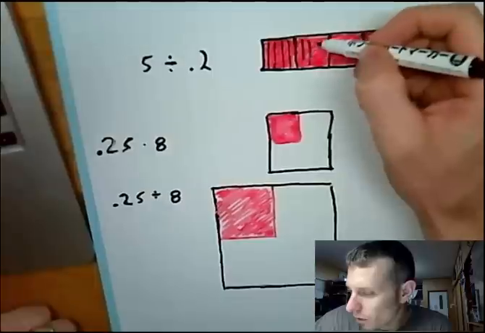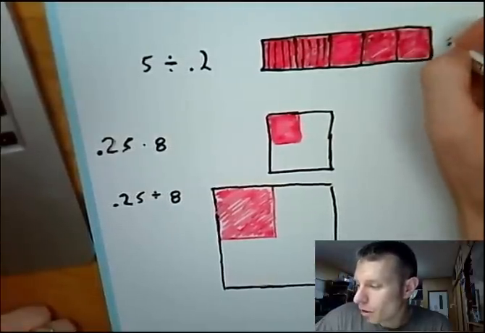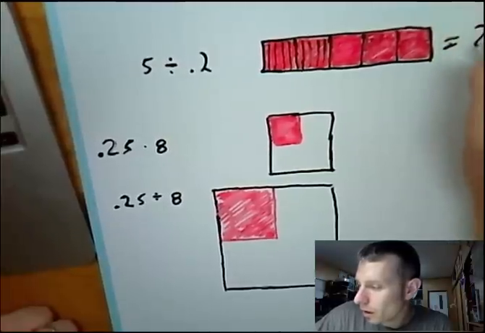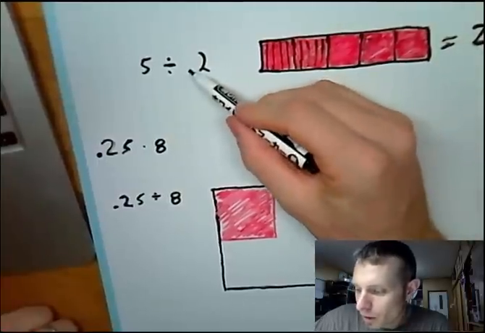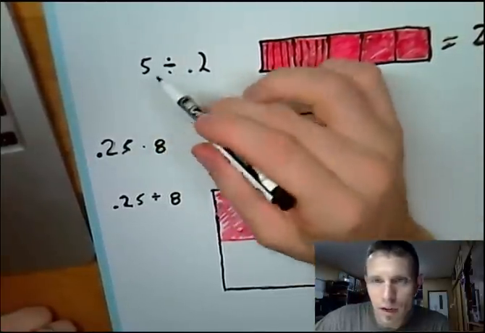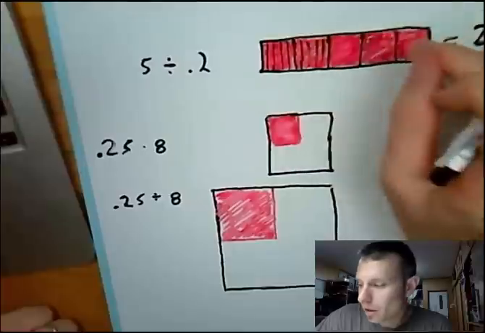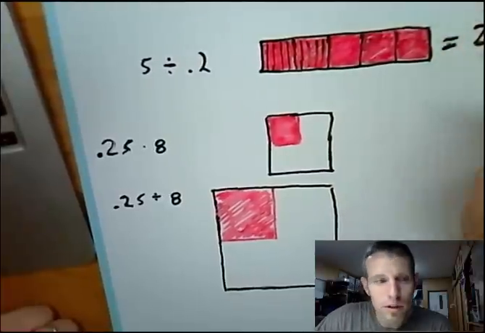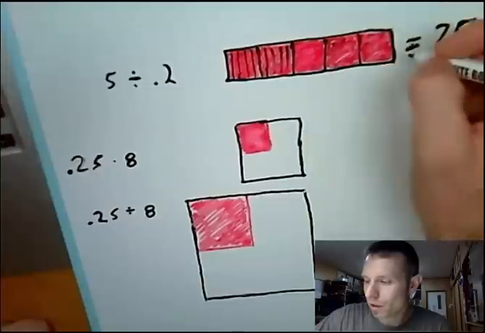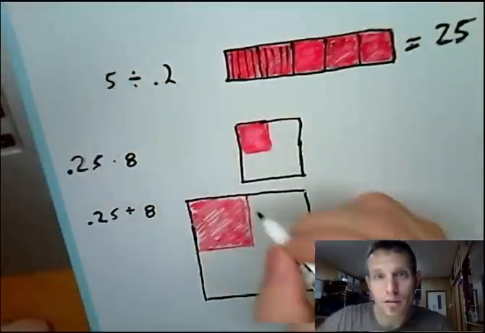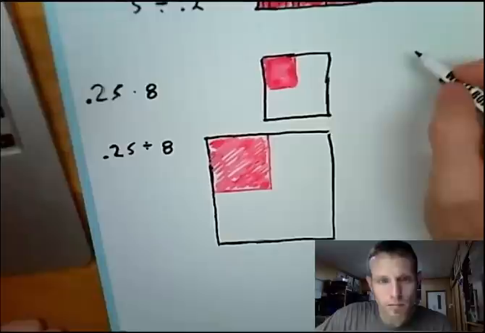If we continue to do that, and I won't do them all, you can see what's going to happen. If you divide 5 into 0.2 segments, you're going to end up with a total of 25 of those. Okay, so that's the effect of a whole number 5 divided by a small decimal 0.2.